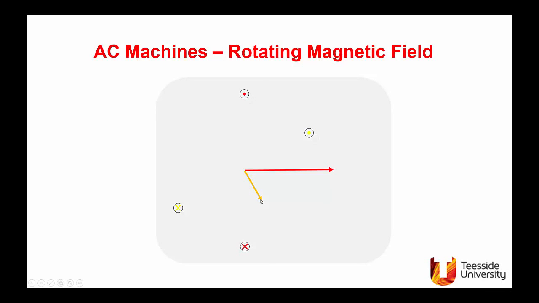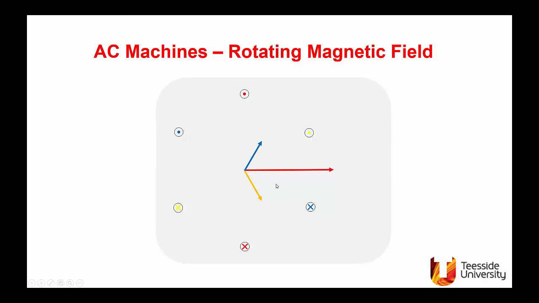Then we add a third coil, the blue coil. The blue coil, current in, current out. So clearly the flux due to this current in, out, applying the right-hand rule, will be in this direction. The current magnitude again is the same as the yellow, half the red. It will give this blue magnetic field.